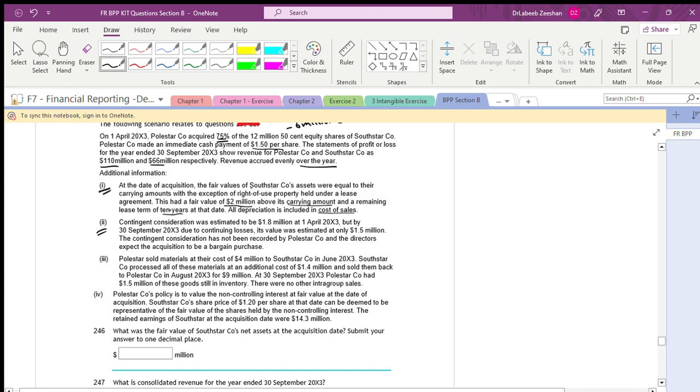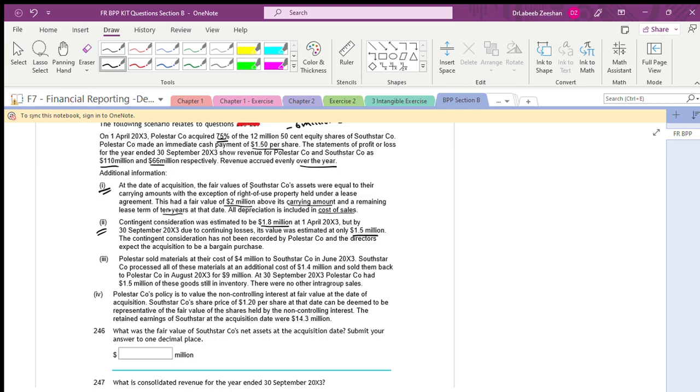Sub-scenario 1. Contingent consideration is 1.8 million. But by 30th September 2003, due to continuous losses, its value is estimated at 1.5 million.